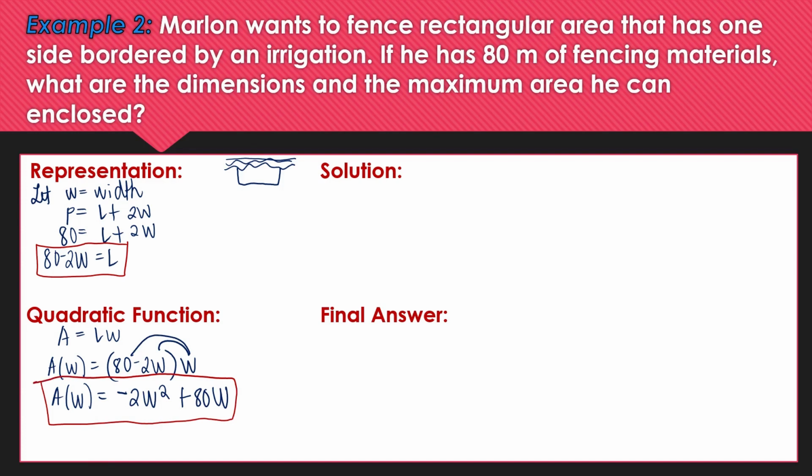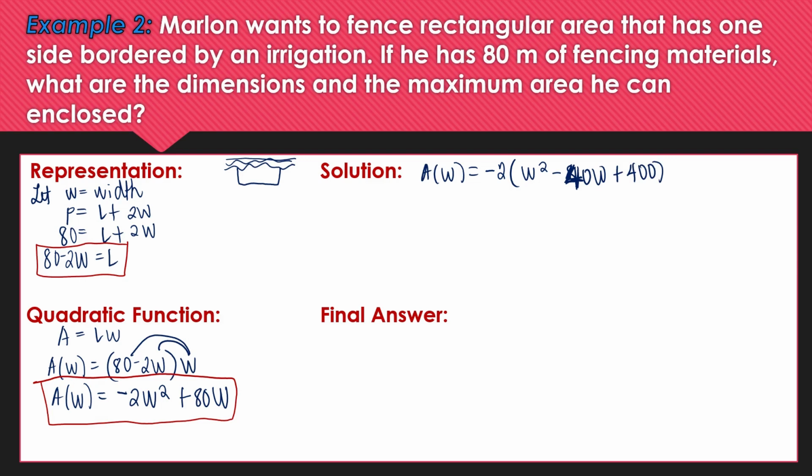Now, let us arrange this in standard form. A of W is equal to, factor out negative 2, times the quantity W squared minus 40W, because we already factored out negative 2, so 80W divided by negative 2 is negative 40W. Using the completing the square method, 40 divided by 2 is 20, and 20 squared is 400, plus 400.